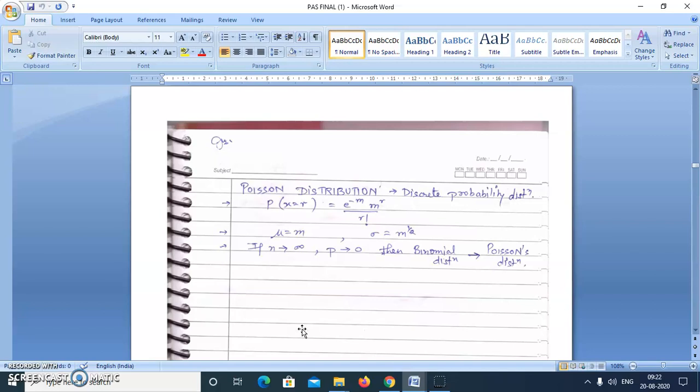When n approaches infinity and probability of success approaches 0, then binomial distribution approaches Poisson distribution, and the formula for r successes is equal to e to the power minus m into m to the power r upon r factorial.